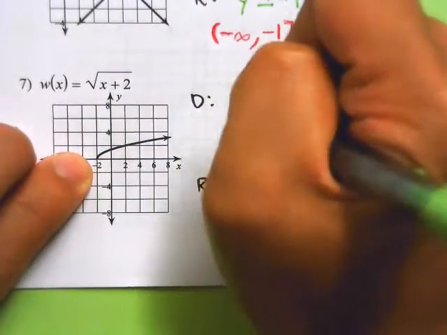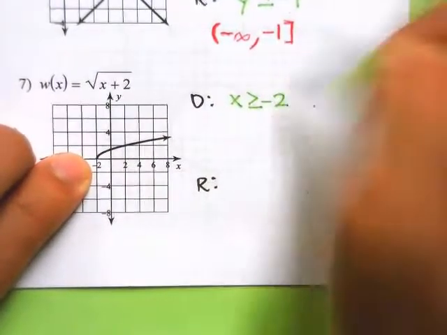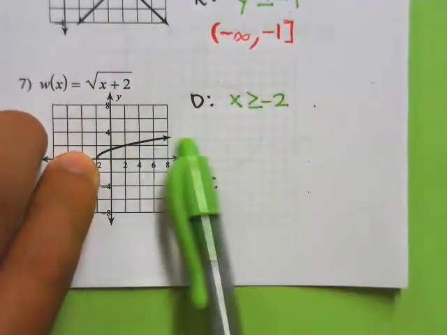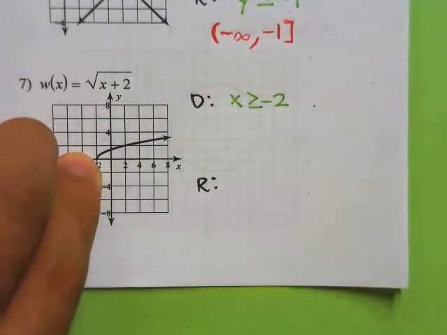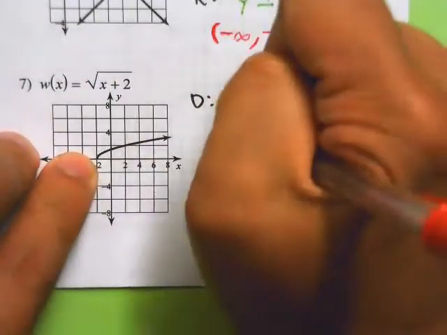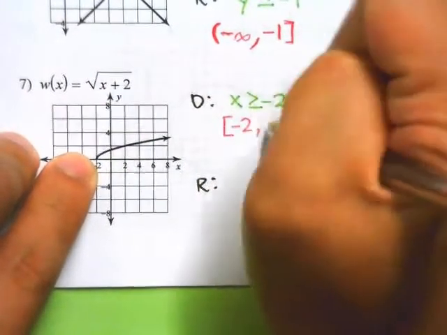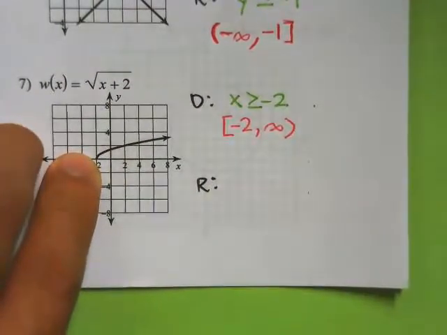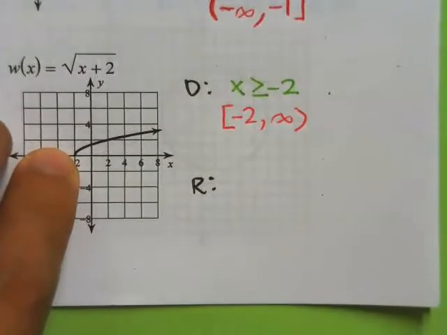Since this is your least x value, x is greater than or equal to -2, and everything else is going to the right. Because this is our smallest value, we're going to go -2, comma infinity, and we're going to bound that -2 because of that closed dot.